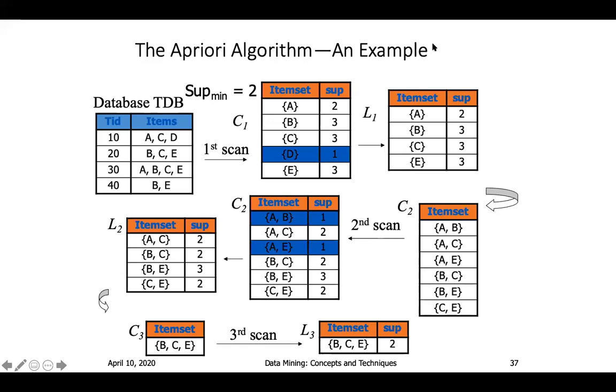How many times is A occurring in the data set? 2. What is the frequency of B? In how many transactions is B occurring? C is occurring, D is occurring in 1, fine, E is occurring 3.